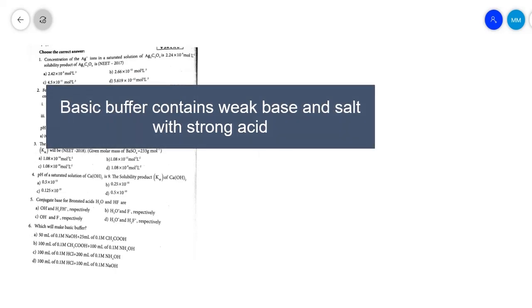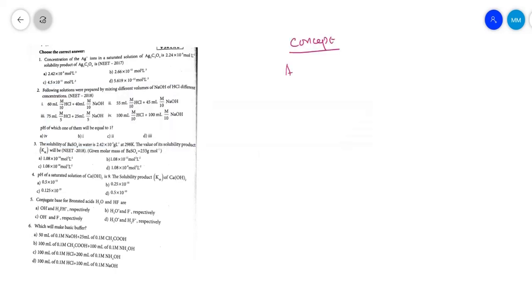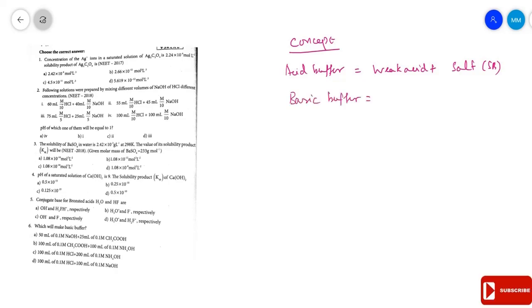Here the concept is that an acidic buffer contains a weak acid and its salt with a strong base. Similarly, a basic buffer is a mixture of a weak base plus the salt of the base with a strong acid.